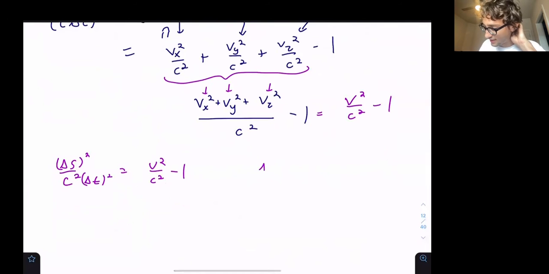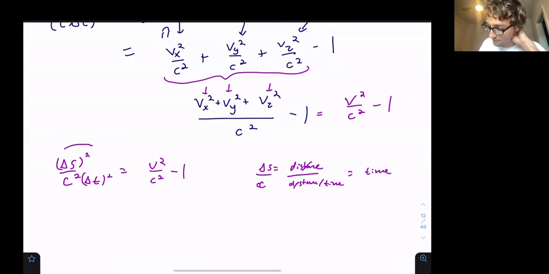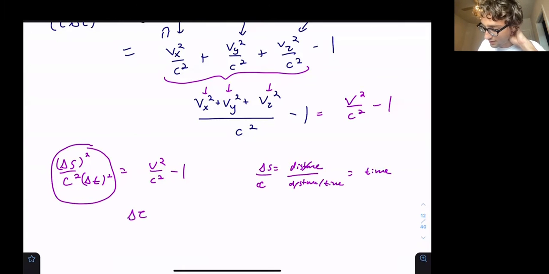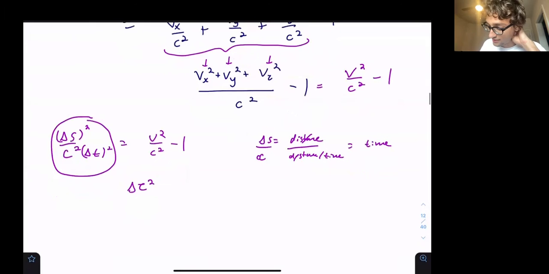And we see that delta s is just distance. c is distance over time, that's a speed. So the 2 distances cancel out, and that just equals some time. So this represents some time. We could call it tau, instead of t. This is the new time.